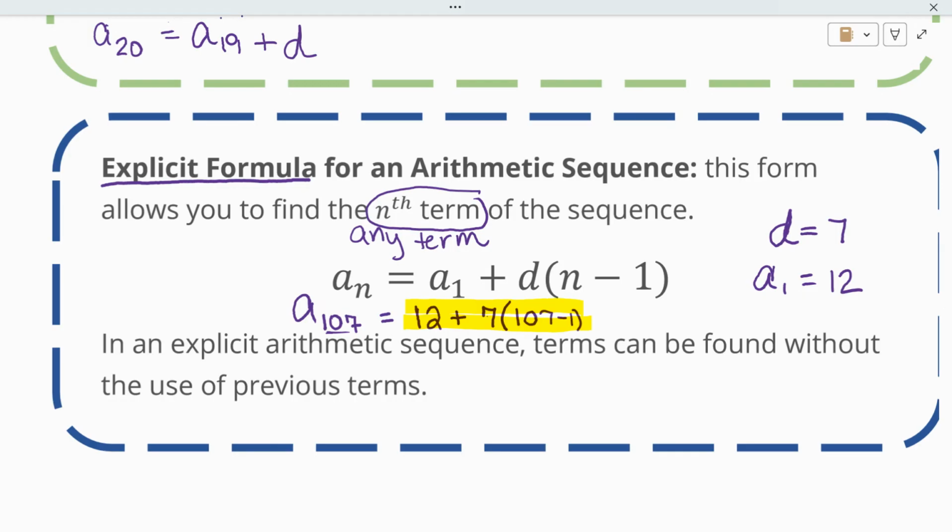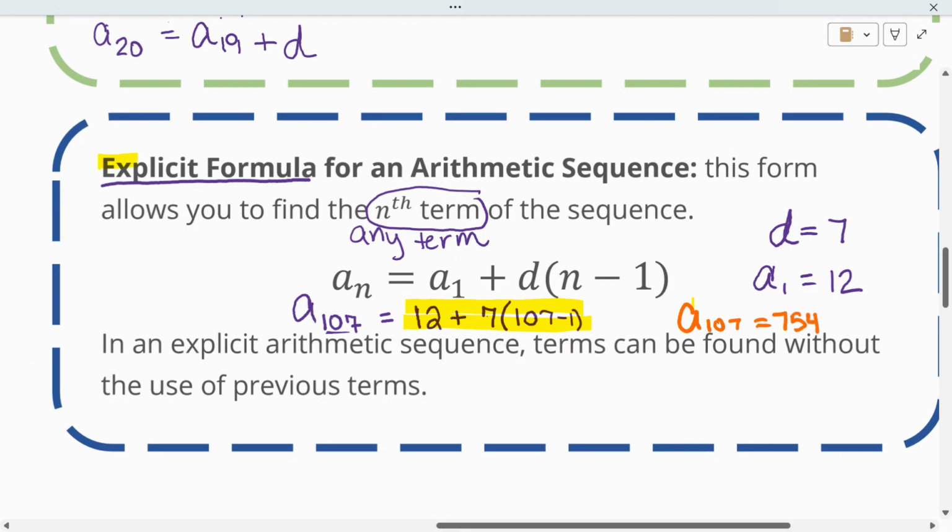You're going to take 12 plus 7 parenthesis 107 minus 1. Close your parenthesis and hit equals. 754. Is that what you guys got? Yeah. So a sub 107 equals 754.